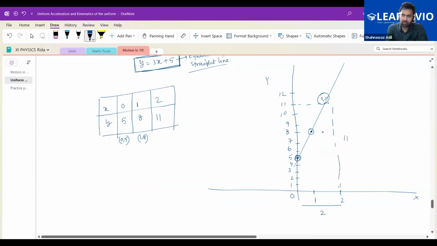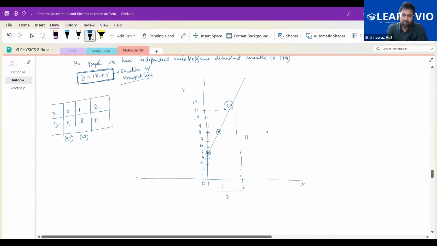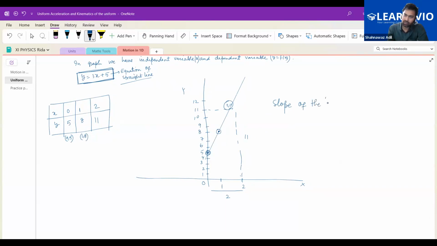Now, whenever we have a straight line, we can find out the slope. And what is the slope? The slope of the line, let's say I'm calculating the slope from this point to this point.